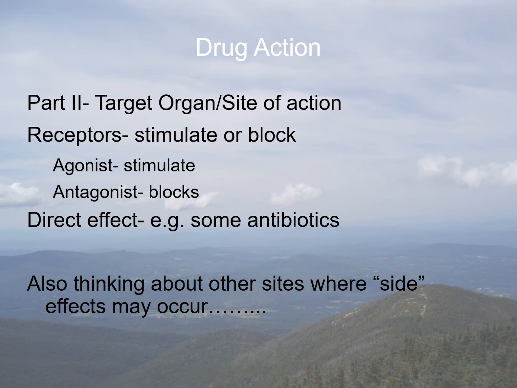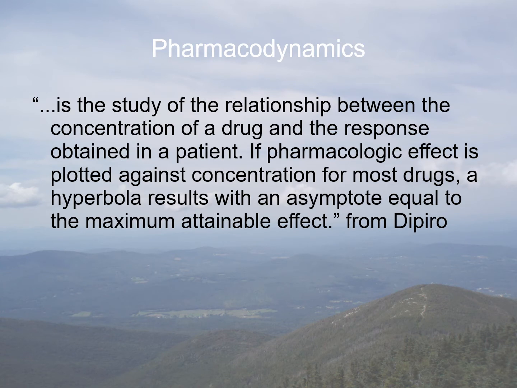Imodium is actually a medication that has selective narcotic type receptors which work in the gut. So it does cause quote unquote constipation type effects. So it will be used to treat diarrhea. Pharmacodynamics, as noted, it's basically a relationship between the concentration of the drug and the response that you get.